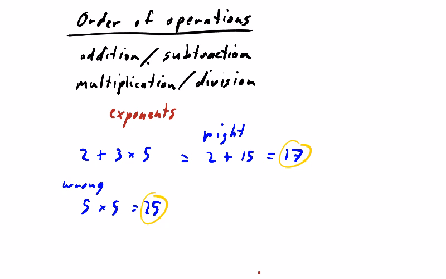So we do need to be able to give instructions, though. What if, let me clear this out. Let me start over with writing 2 plus 3 times 5. What if we really did want to add the 2 to the 3 before multiplying by 5? Well, most of you probably know that there's a quick and easy way to handle that. We could put parentheses around the 2 plus 3.